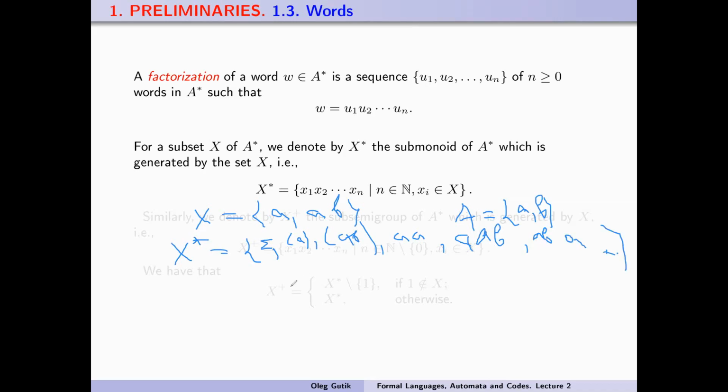Of course, this subset is a submonoid of A star with respect to the monoid operation, concatenation of the words.